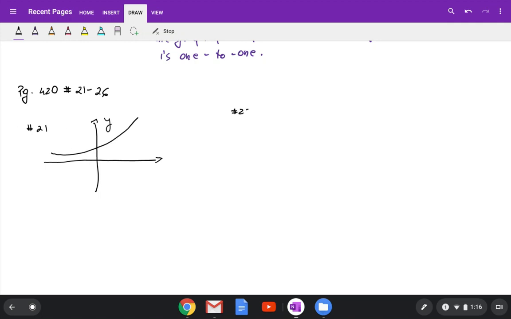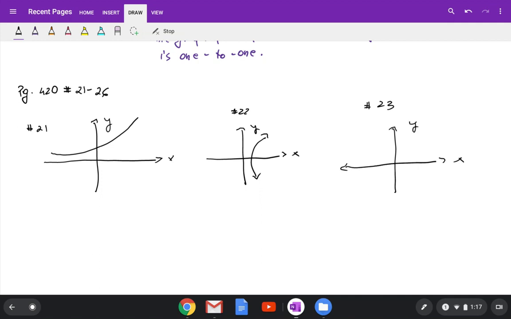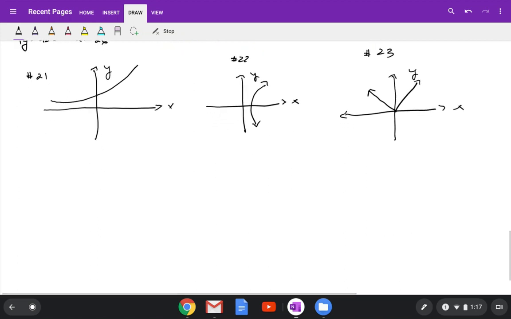22, that's the graph. 23, we have an absolute value function. Then 24, they gave you a quadratic function.